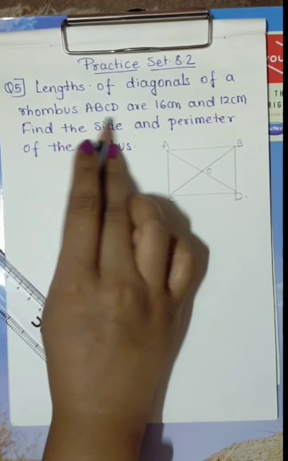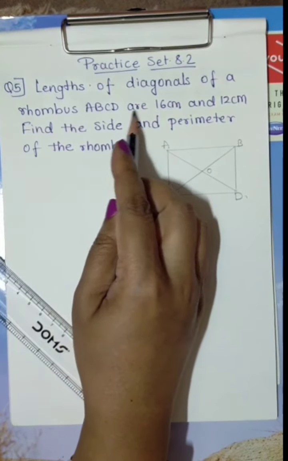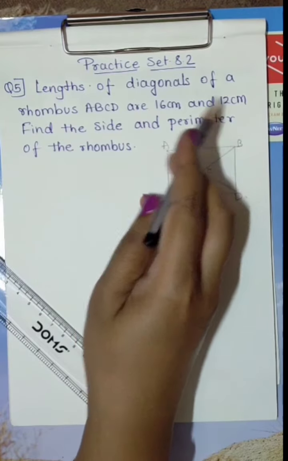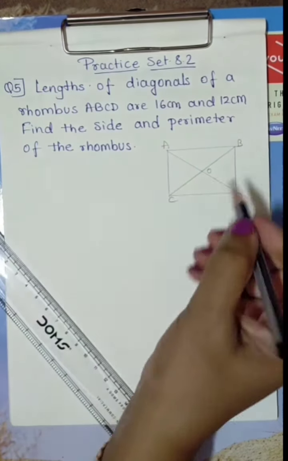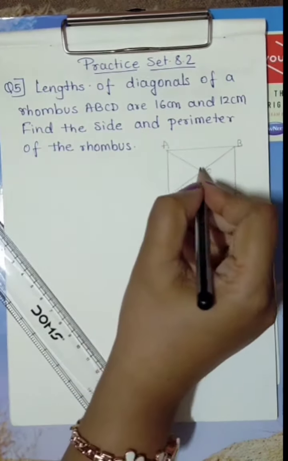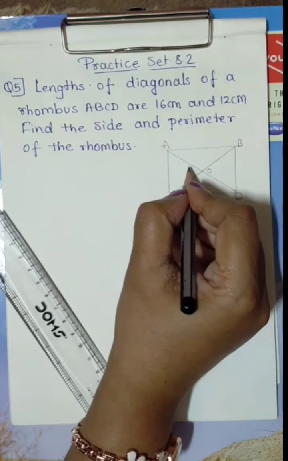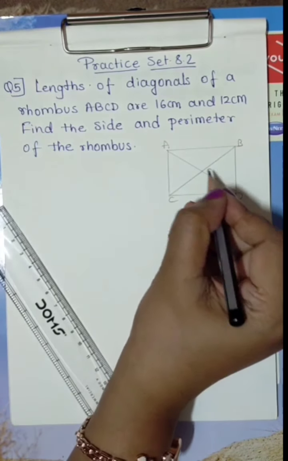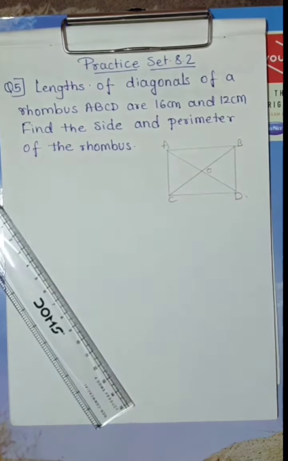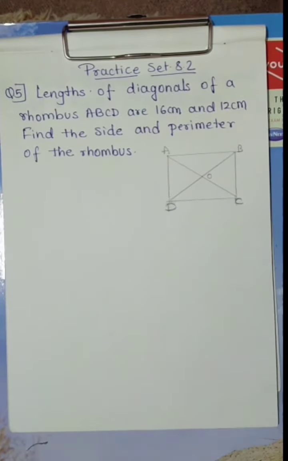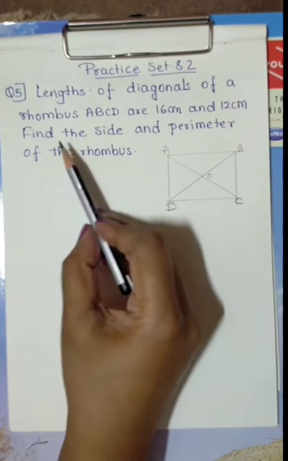What is given? Rhombus ABCD, the diagonals are 16 cm and 12 cm. So this is question number 5.